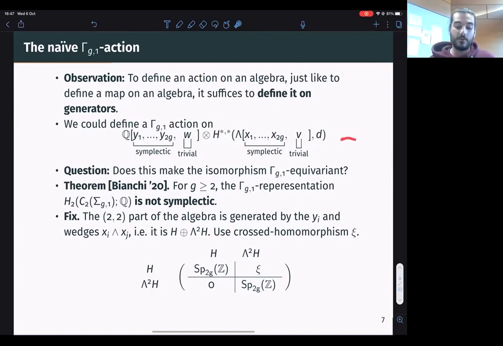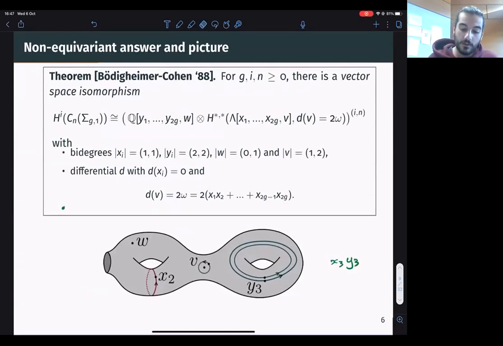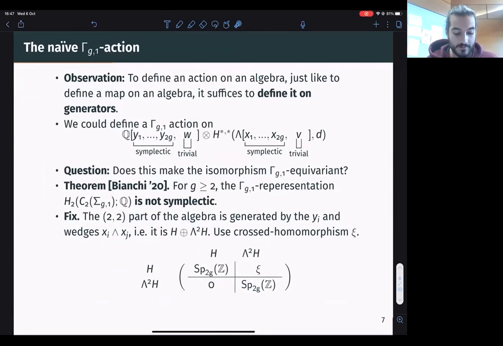That's an action that you can define on this algebra, but does this make the isomorphism here Γ_{g,1} equivariant? Well, probably. Well, we don't know, but there is this theorem by Andrea Bianchi, in a sense just a by-the-way remark in his paper from 2020, that the action of Γ_{g,1} on the homology of the second configuration space of the surface is not symplectic.